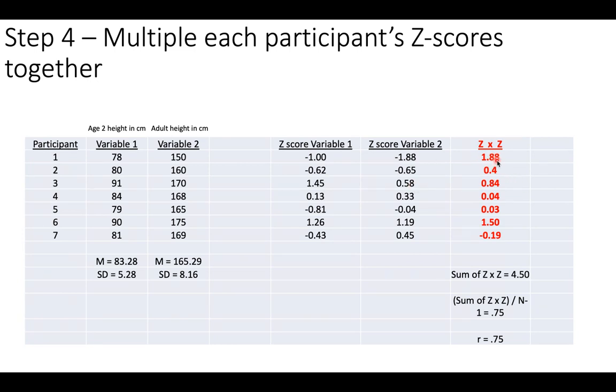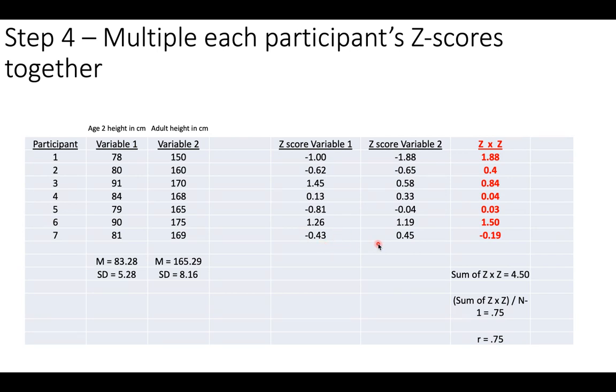So as our two variables move together, whether that's above or below the mean, they're producing positive z products because they're going to generate a positive correlation coefficient, because a positive correlation is one in which the variables move together. So if they move together negatively, they still produce a positive z product. If they move together positively, like person 3, they produce a positive z product.